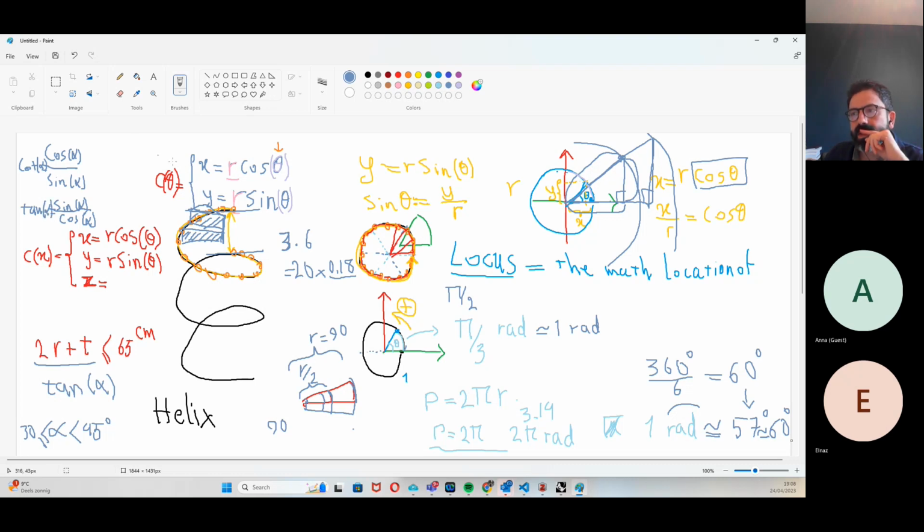Tangent also gives us an indication of the slope because it's basically rise over thread.